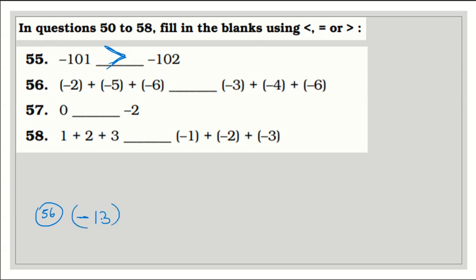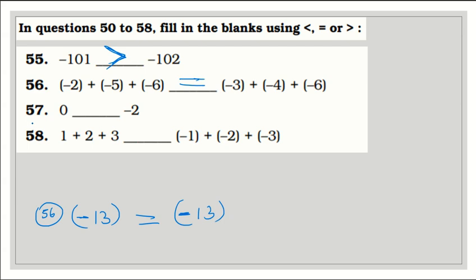So you have got minus 13 on the left hand side, and on the right hand side again all three integers are negative and they are added. Their sum is always negative because all three of them are negative integers, and they are added without considering their sign. So 3 plus 4 is 7, 7 plus 6 is 13. So I have got minus 13 on the right side also. So they both are equal. So the appropriate symbol is the equal sign.